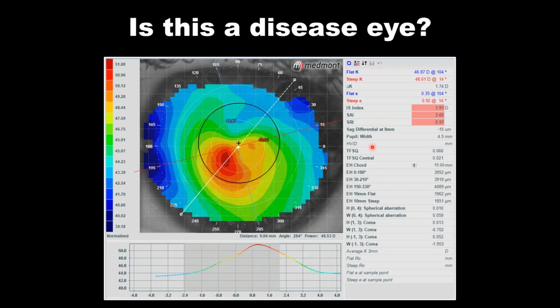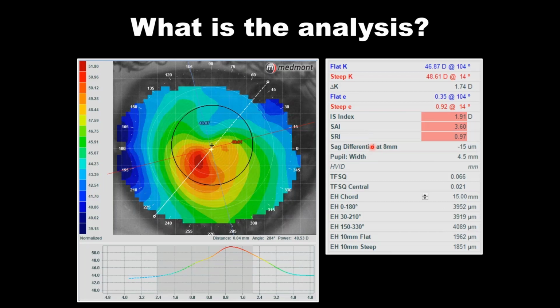So is this a diseased eye? Or is this just a very peaked apex, a little bit inferior of center? Well, let's look at the analysis. What would be first on the list? And again, we might go to the scale range. In this case, this eye has a flattest curvature of 39 diopters, steepest curvature of almost 52.